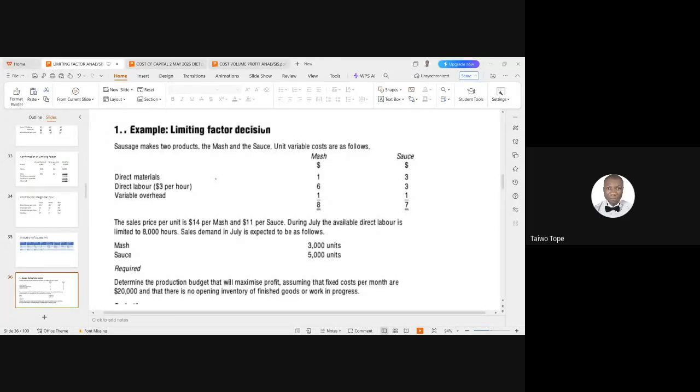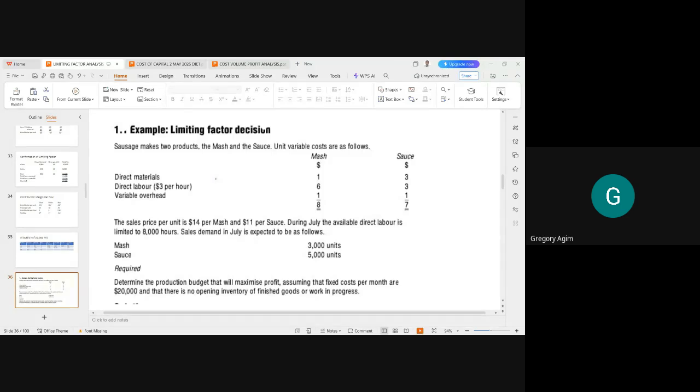We know we have 8,000 hours available, but based on the demand of 3,000 units and 5,000 units, how many hours do you need?